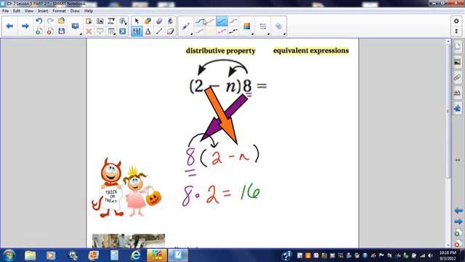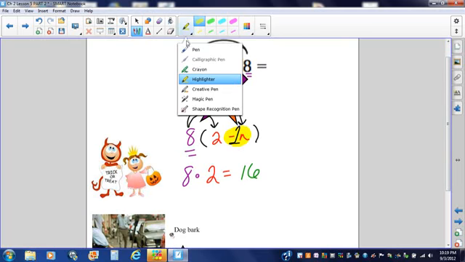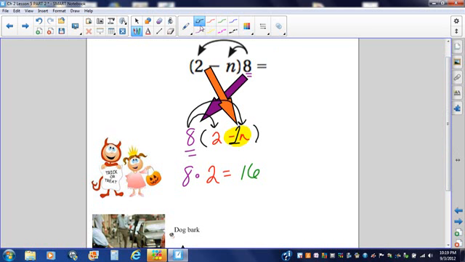The next thing I'm going to do is put the number 1 here in front of this letter n. Now I'm going to multiply the 8 by the negative 1n.